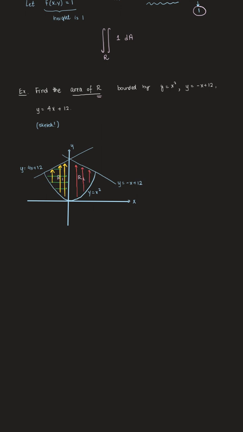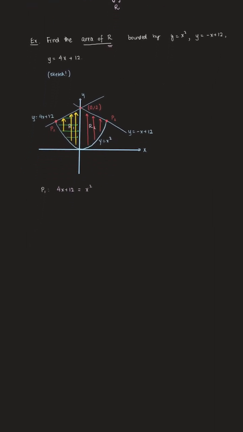So let's do that. In order to figure out, at least along the x direction, where I need to start and end, we are going to need the points of intersection of our curves. Let's call this P1, and let's call this P2. To find P1, we can set our 4x plus 12 equal to the parabola x squared and solve.